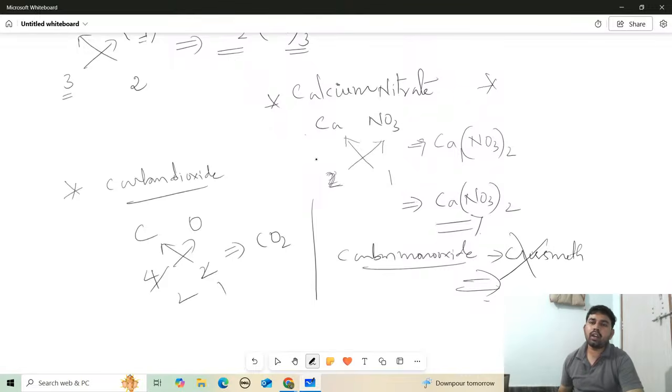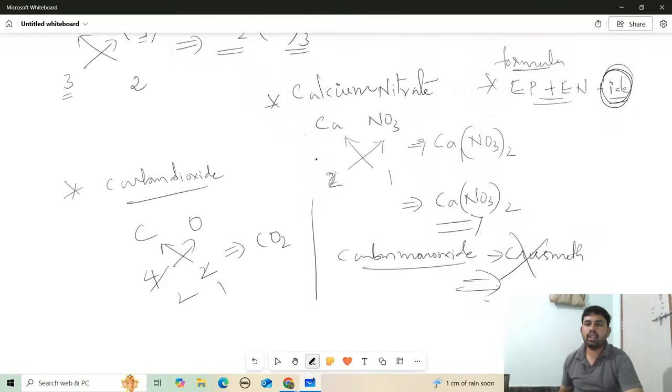One more thing: generally, when you're writing a name for the formula, there is a condition. First we write the electropositive element, then the electronegative element, and at the end you add the word -ide. This is the IUPAC rule, or we can say the standard rule.